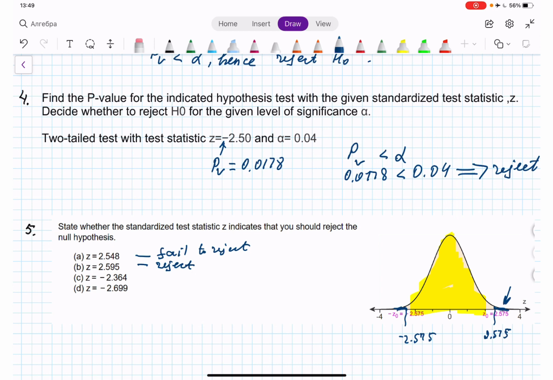Next, the third one, meaning C, is negative 2.364. We are going to fail to reject because it's greater, it's falling in this healthy area.